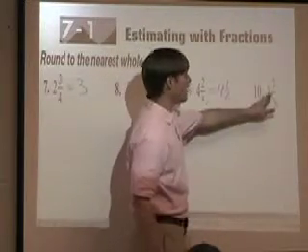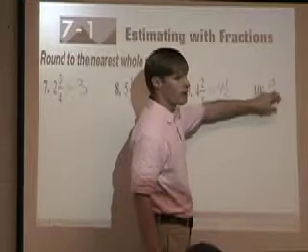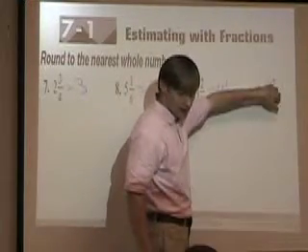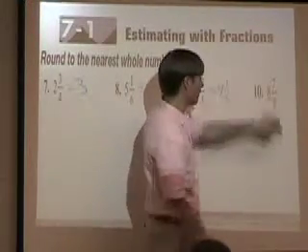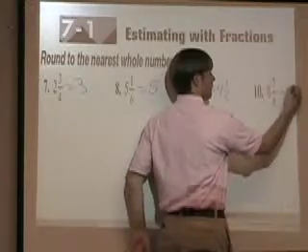And here I've got 8 and 7/8. 7/8 rounds up to 1, so 8 plus 1 is 9. This whole thing rounds up to 9.